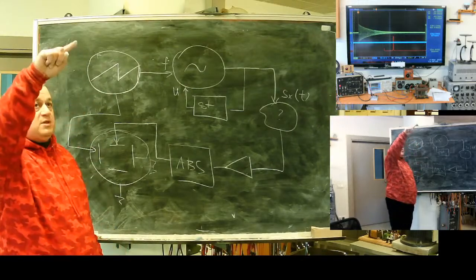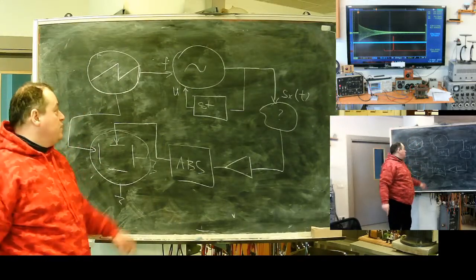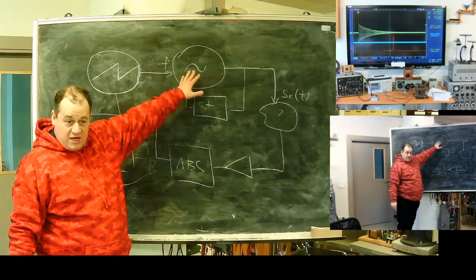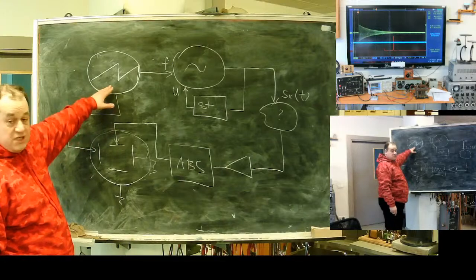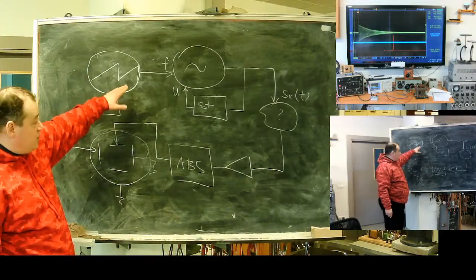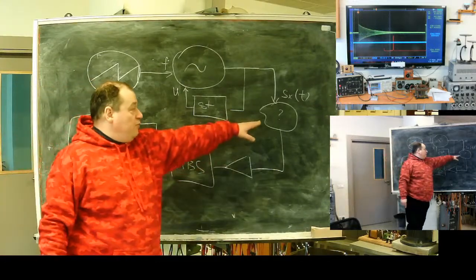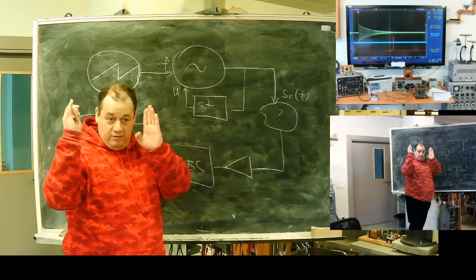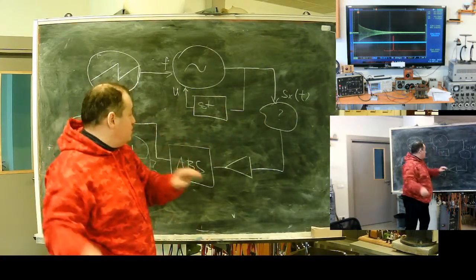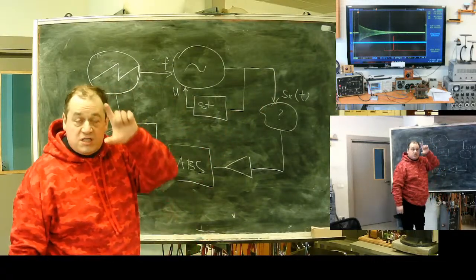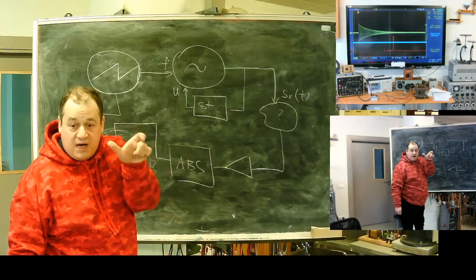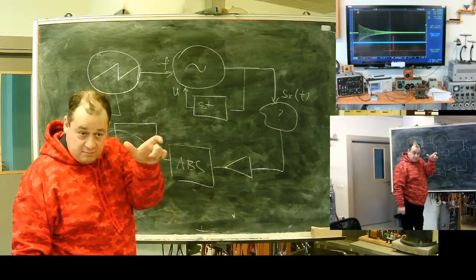Frequency up, down, up, down, so it scans the frequency range. Horizontal movement will correspond to this scan of the frequency range, and vertical will be the absolute value of the network response to the constant voltage, constant by amplitude but variable by frequency.